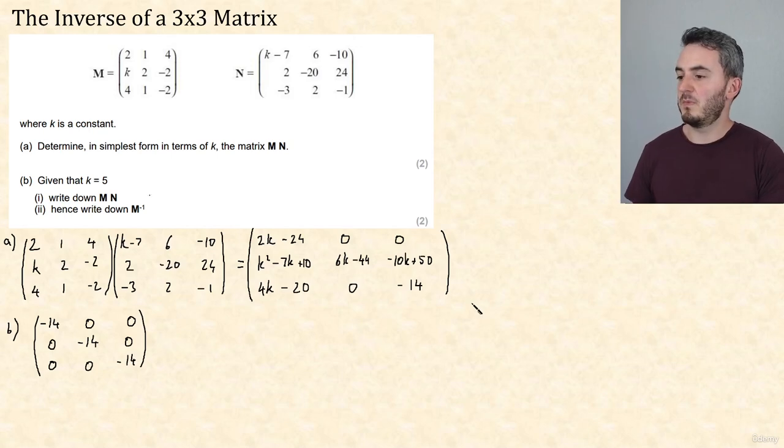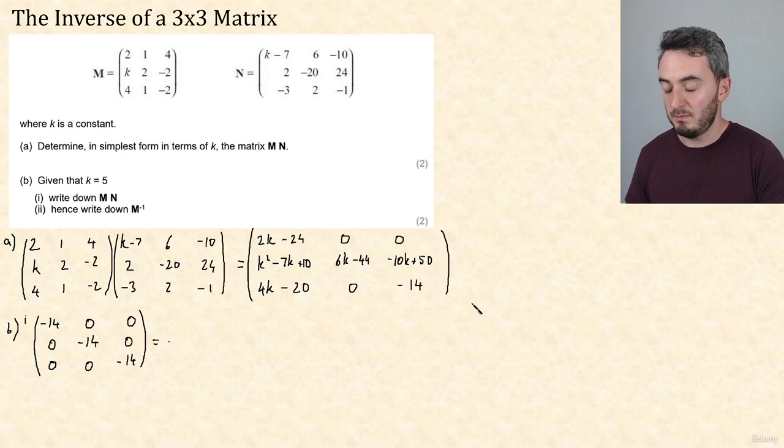Okay, now for this last part, hence write down M inverse. We need to spot that this is minus 14 times the identity. So what we've established is that M times N is equal to minus 14 times I. So what's M inverse?